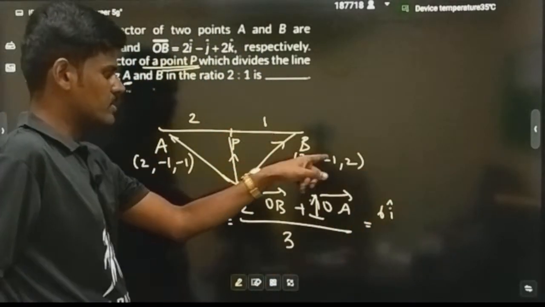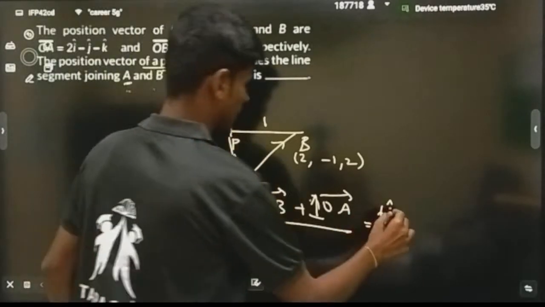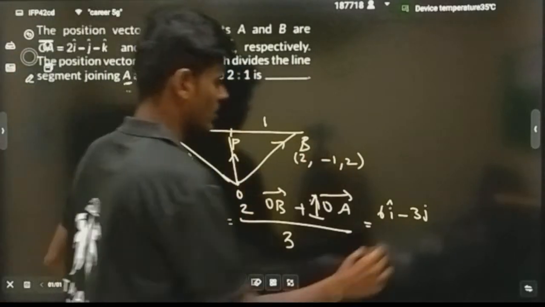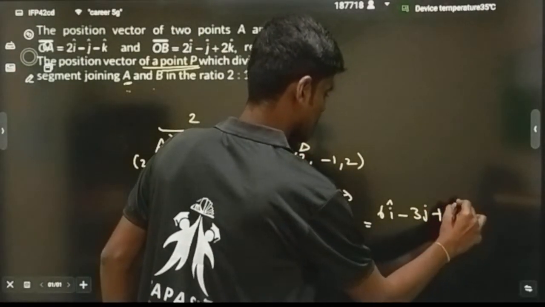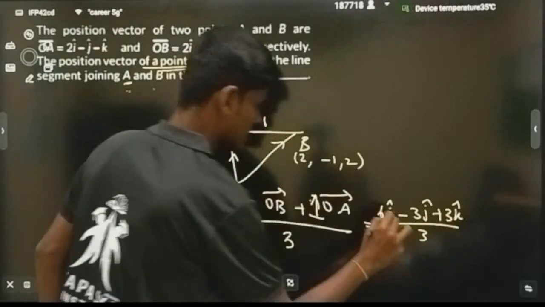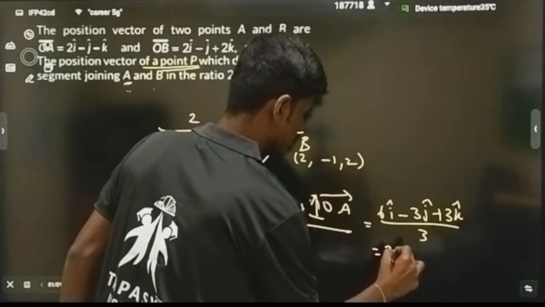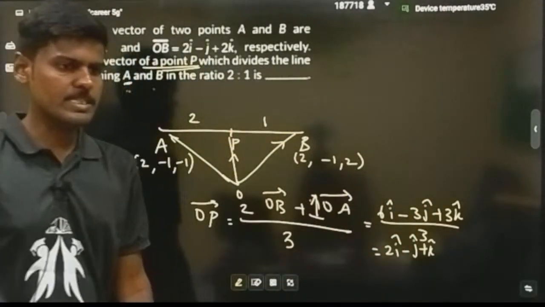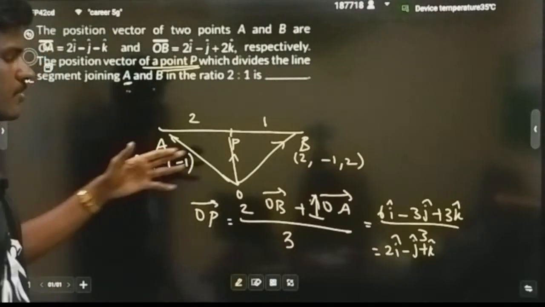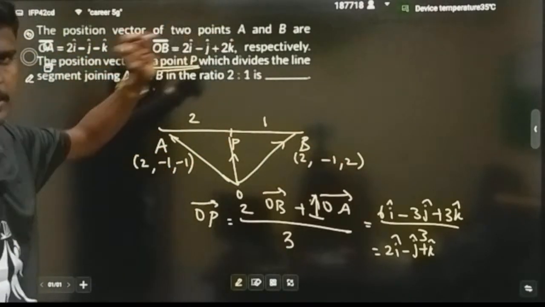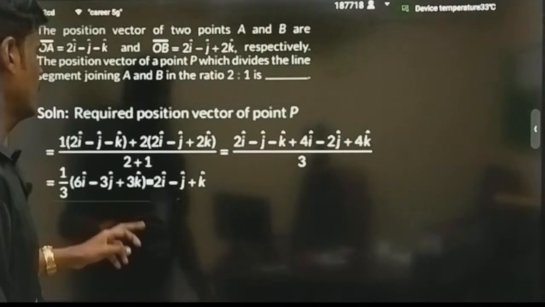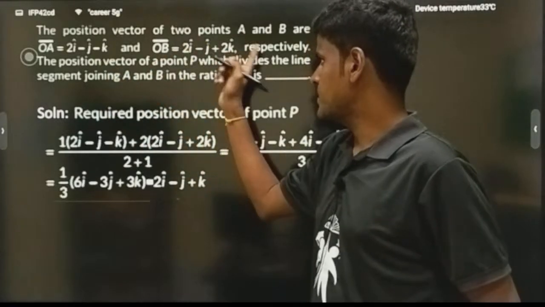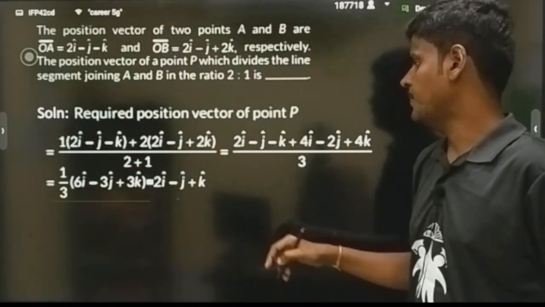Next is again 2 times, that is minus 2, minus 1, minus 3. 2 times into 2, 4, minus 1, that is 3, k cap, divided by 3, which is nothing but 6 by 3 is 2, 2i cap, minus j cap, plus k cap. This is the answer. Easy question now. So we can write directly. This is just a section formula question. 1 time into first point plus 2 times into second point divided by 3, 2 plus 1.